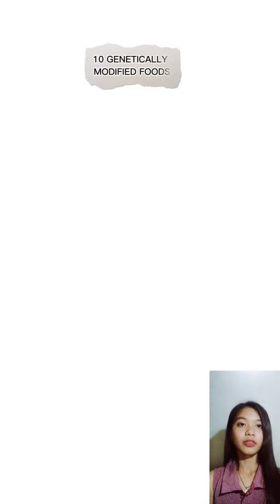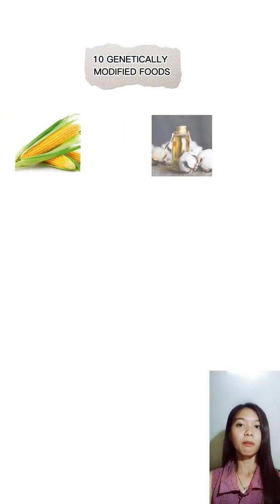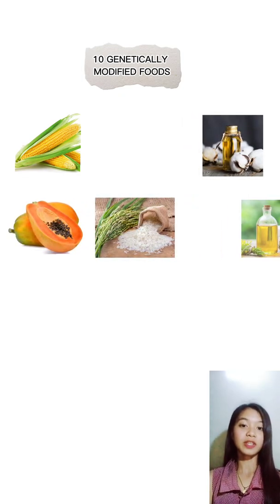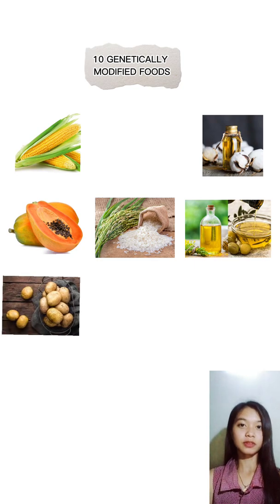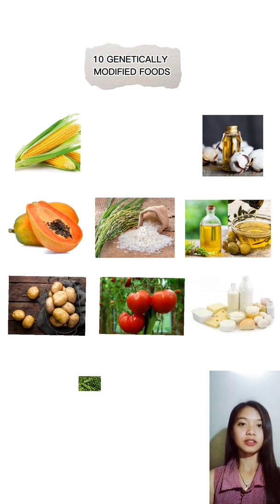There are 10 genetically modified foods: corn, soy, cotton, papaya, rice, rapeseed, potatoes, tomatoes, dairy products, peas.